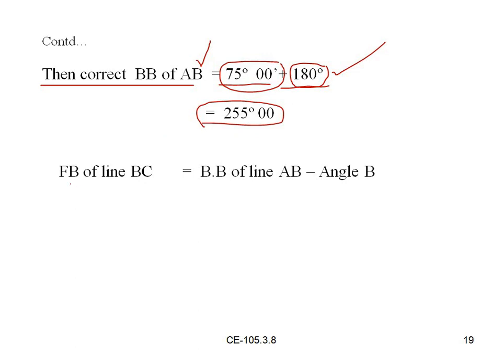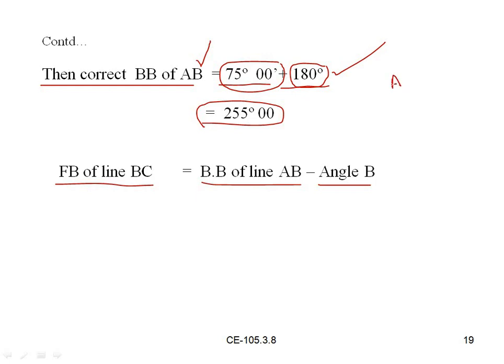Next, the forward bearing of line BC is equal to the back bearing of line AB minus angle B. So again we have to take the opposite.